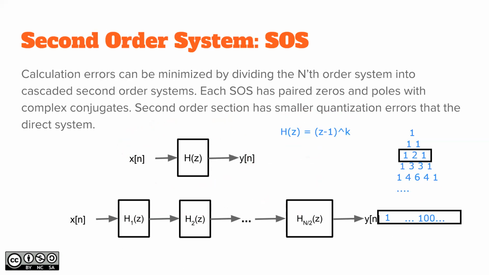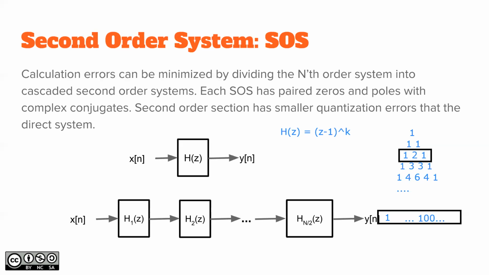So second order sections are the way to go, especially, well, this was an FIR example, but especially for higher order IIR systems. The IIR systems, those are nasty.